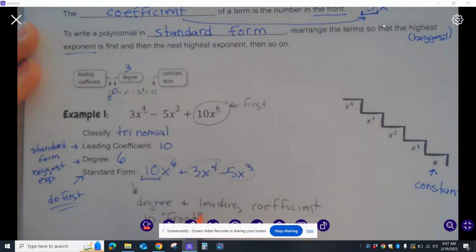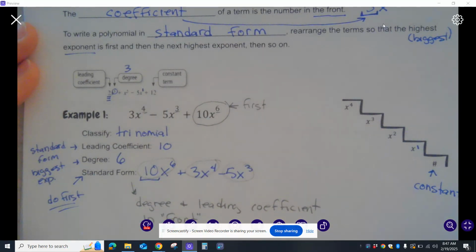They're the first things you come to. The coefficient is the number multiplied by the x, so 10 is the leading coefficient. The degree is the exponent. Once you get it in standard form, the degree and leading coefficient will be right in front. That's why we put it in standard form first.